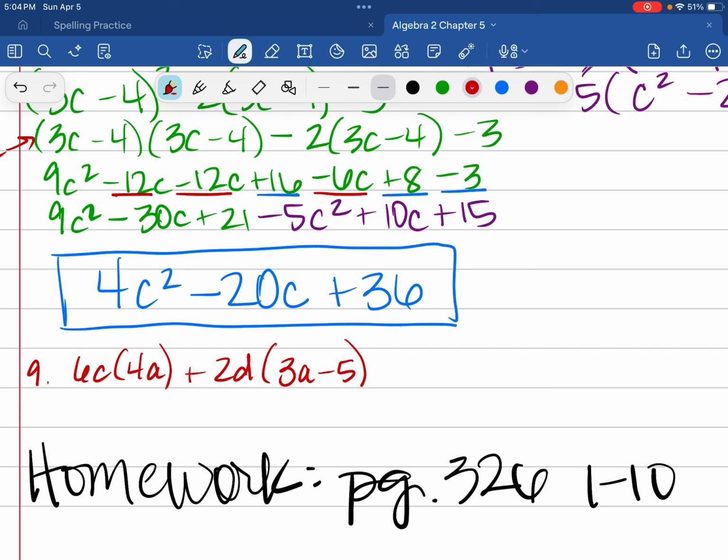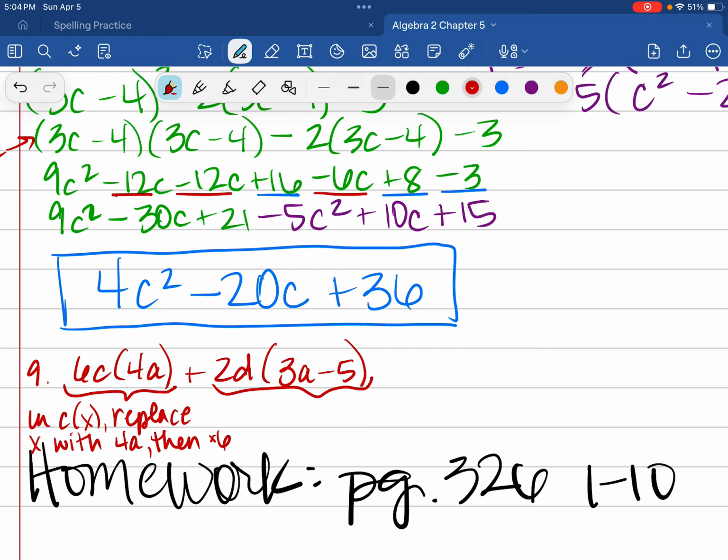So your steps here on this first one, in c of x, you're going to replace x with 4a. Then you're going to multiply by 6. Okay, on this portion of it, in d of x, you're going to replace x with 3a minus 5.